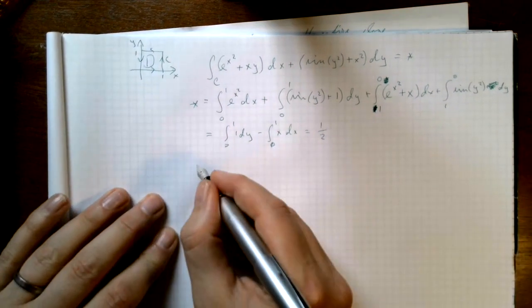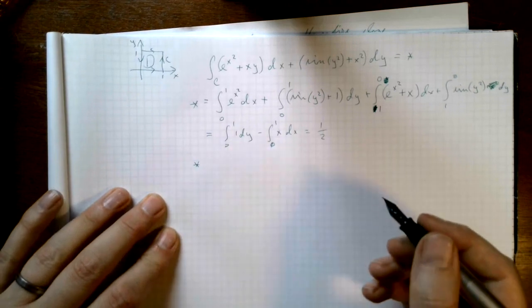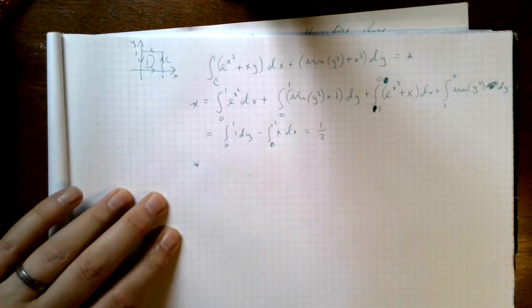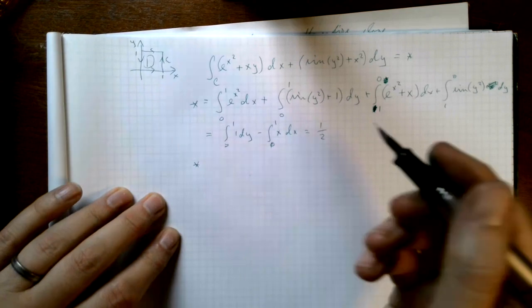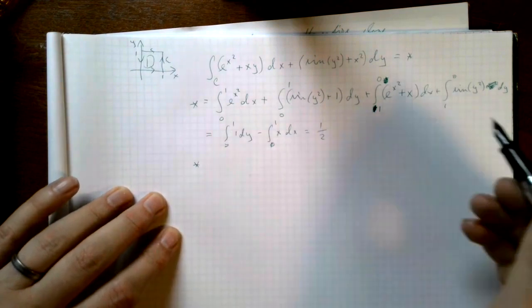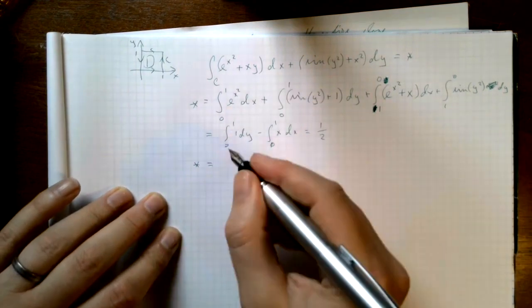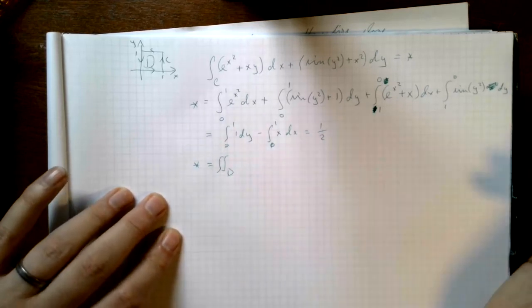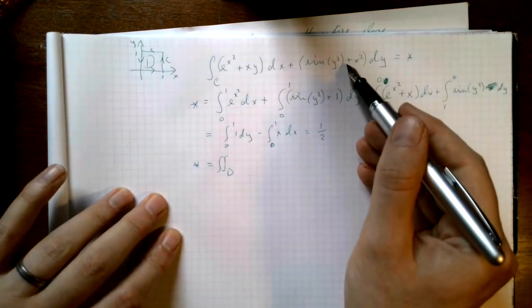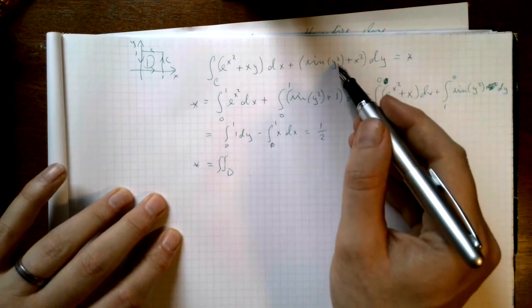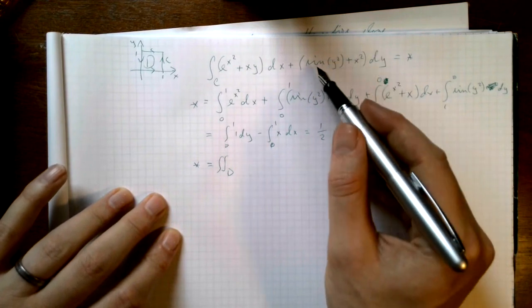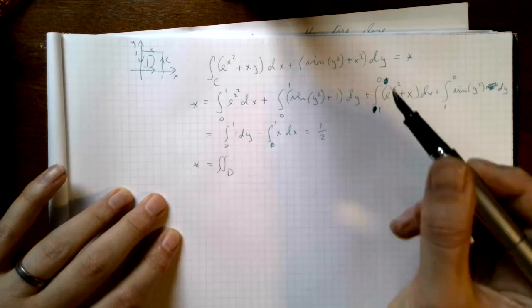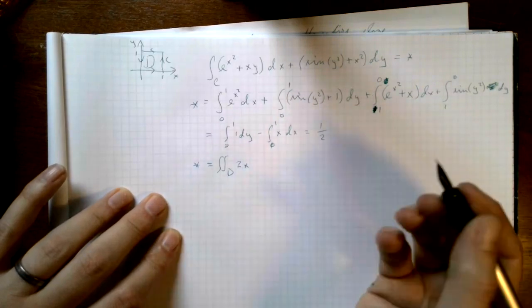But let's use Green's theorem, right? Now we have, this is P, this is Q, right? So dQ/dx, this disappears. This is just 2x, right?